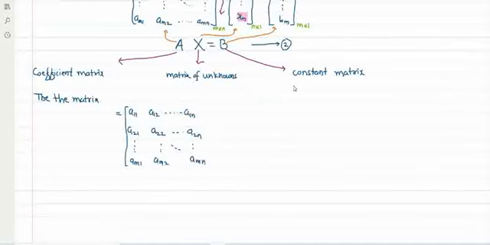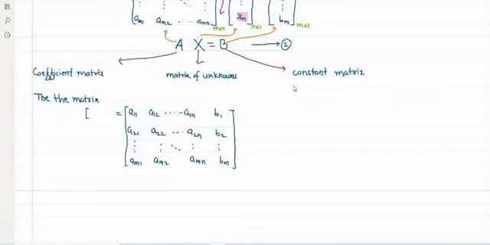Now for this matrix, I am going to attach one more column, and that column is nothing but the constant matrix. What are the elements? b1, b2, continue, bm. Okay. Now this matrix I will denote by the symbol, in square brackets, A comma B, or A slash B, whatever notation you like.